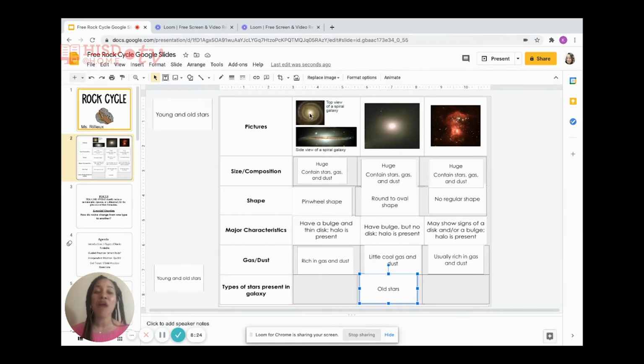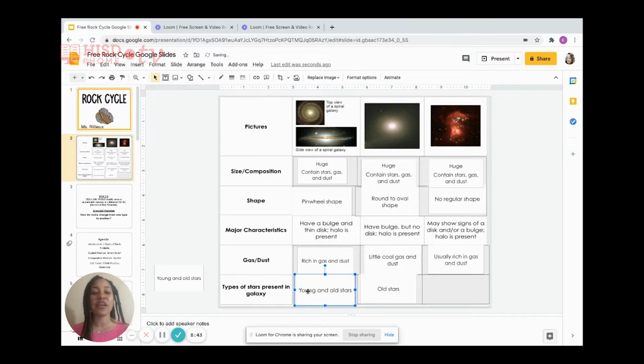In the center of our Milky Way galaxy is where all of the old stars are. So our sun eventually will not be located on the arm of the Milky Way. Once it gets older, it will be located closer to the center. So the young stars in the Milky Way are on the arm, and the old stars are in the middle.